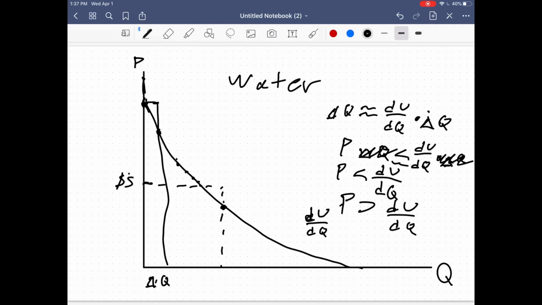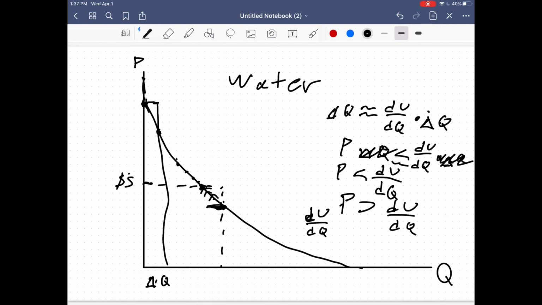The answer is less water, because if you buy a little bit less water, then what you gain is $5 of money, which you're not spending anymore, and you only lose roughly whatever du/dq is here, of utility from water. So really you should keep going back up the curve until you get to the zero point.